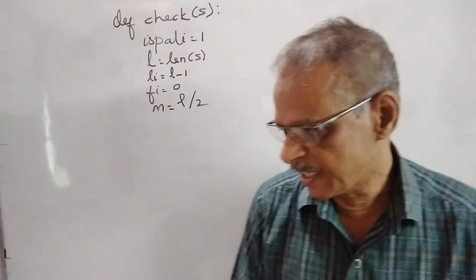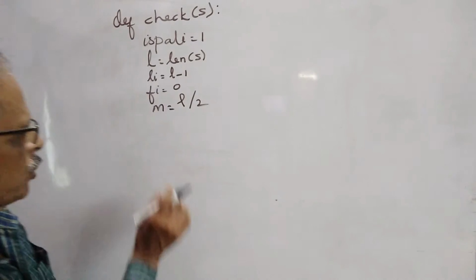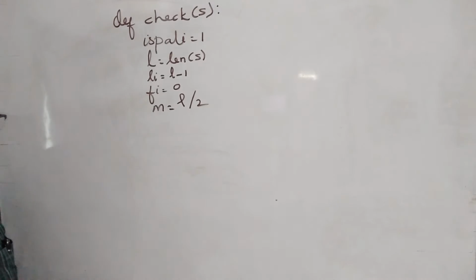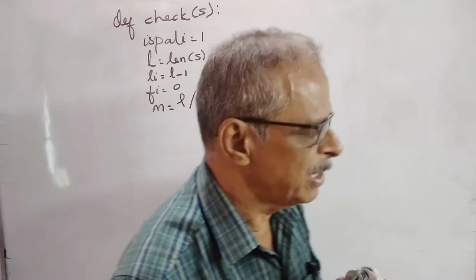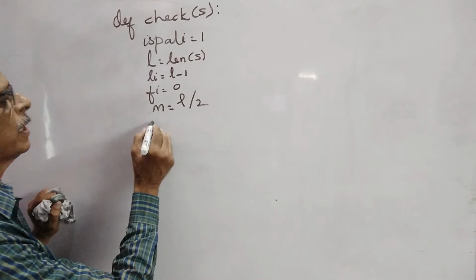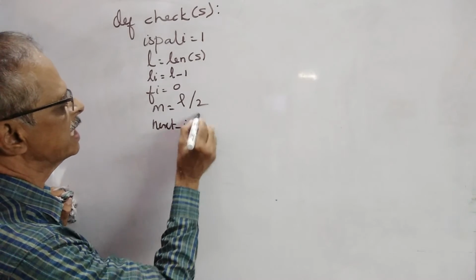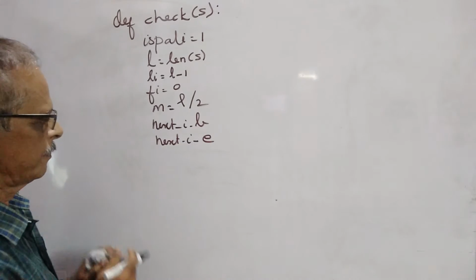Here we are going to check only half of the characters from the beginning with half of the characters from the end. So we introduce M, the mid of the string. For more readability and understandability, I have introduced two more variables: next index from the beginning and next index from the end.